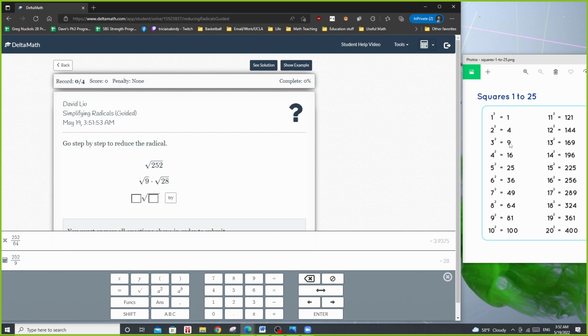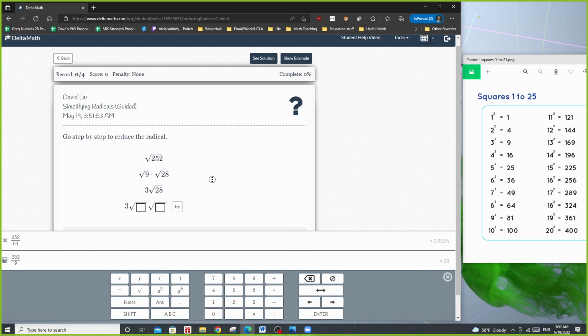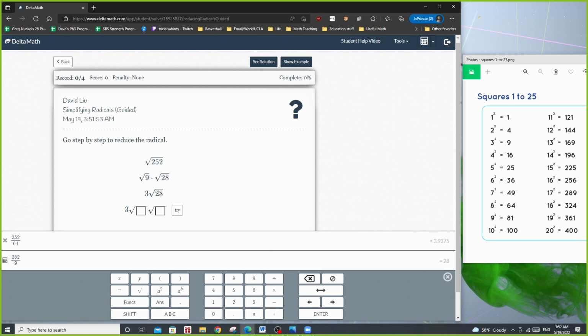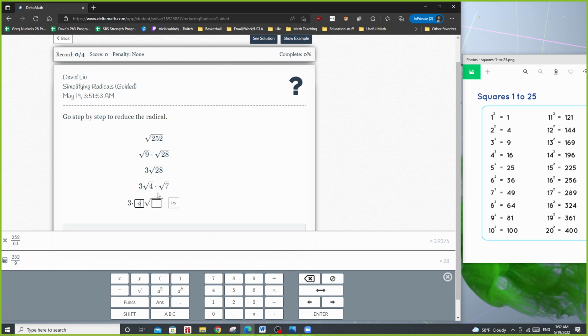And 9, as we see here, becomes 3, because 3 times 3 is 9. But the thing is that we can still split the 28 even more. For example, we can divide it by 4 and 7, and 4 is one of the numbers here, so it works. That 4 becomes a 2 here. 7 still stays the same.